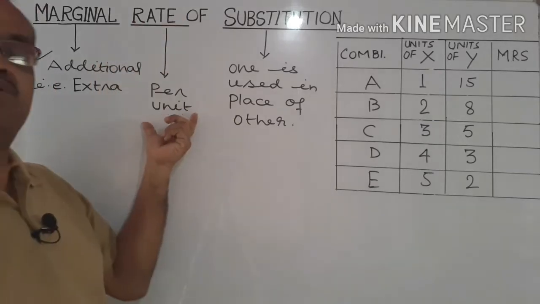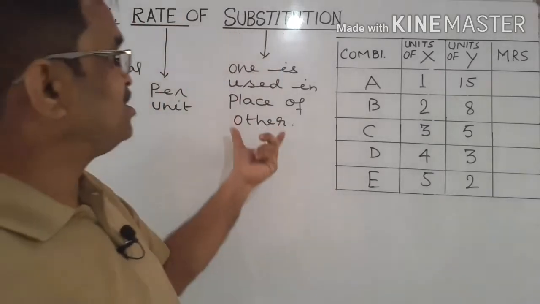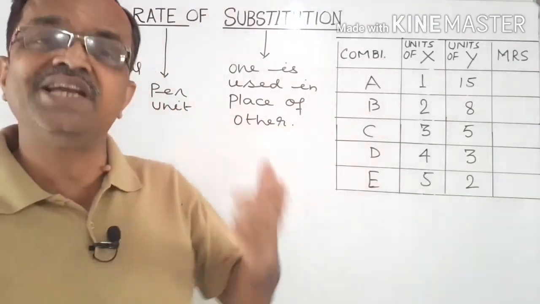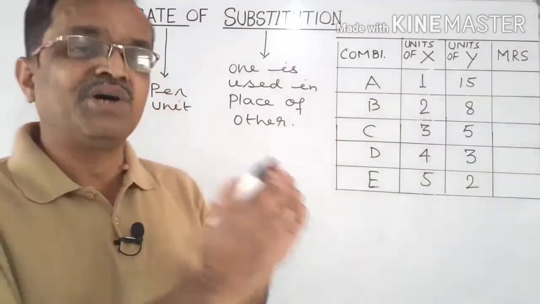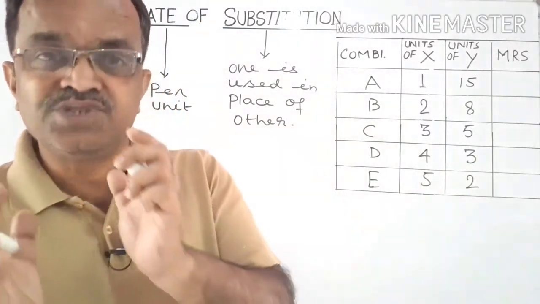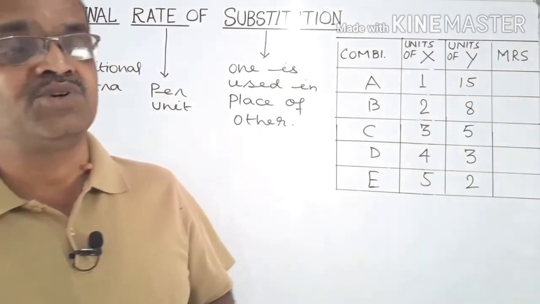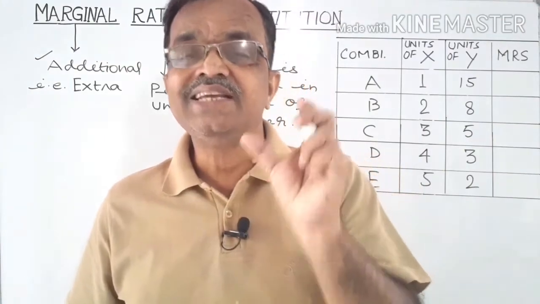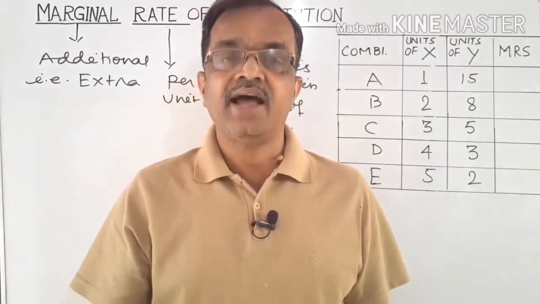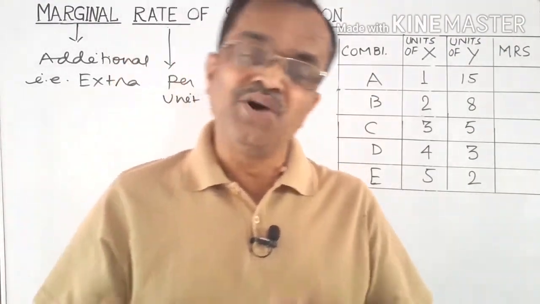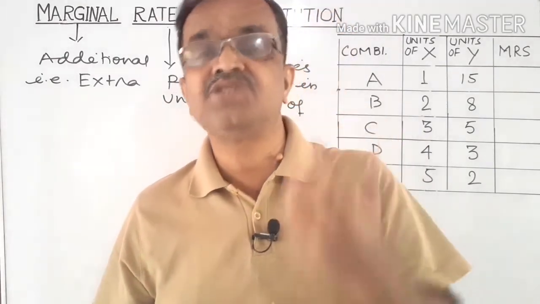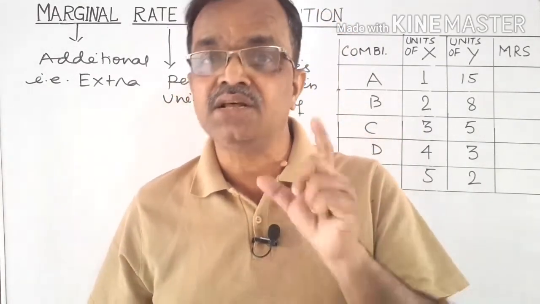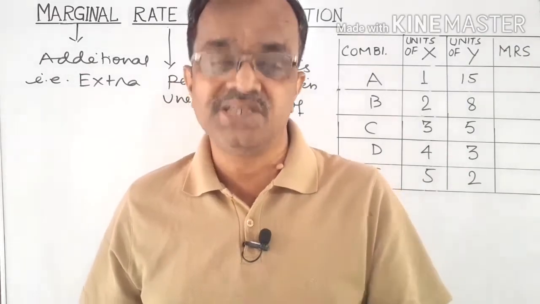Rate means per unit, and substitution means one is used in place of another. Here one commodity is used in place of the other commodity. Thus, how can we define marginal rate of substitution? It is defined as the rate at which one commodity is substituted for an additional unit of the other commodity.